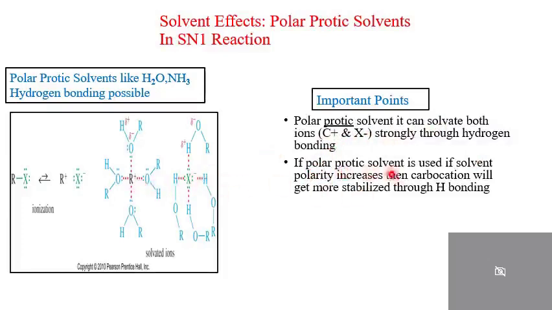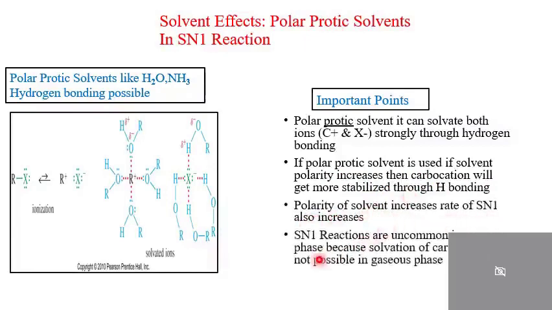As the solvent polarity increases, the carbocation is stabilized through hydrogen bonding, and thus the rate of SN1 also increases. Therefore, in an SN1 reaction, if the polarity of the solvent increases and we are using a polar protic solvent, the rate of SN1 will increase due to the formation of hydrogen bonding with the cation as well as the leaving group anion.